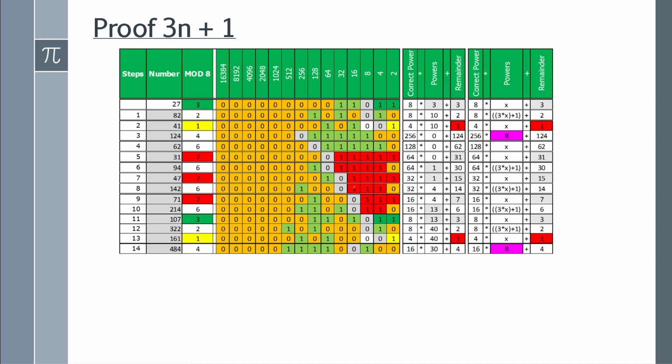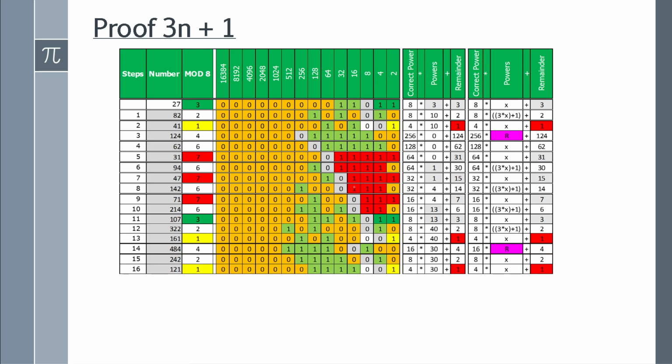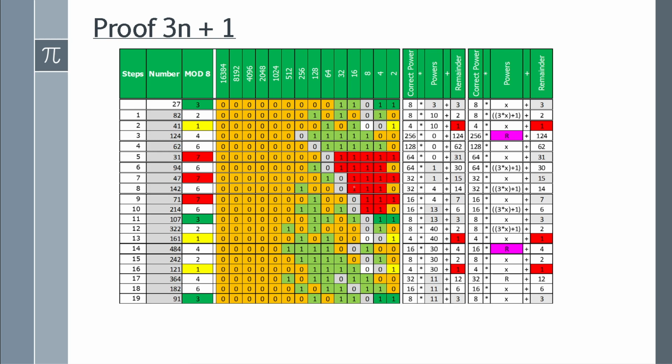So we hit a 1 mod 8 and did a loop reset. So we do these loop resets when we get to a power of 4, right? And so in 3 steps we're at a 1 mod 8.